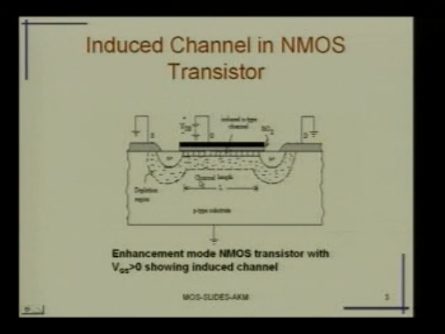Now, all of you are a little bit familiar with the p-n junction. If you look at it carefully, this is an n-type material and we have a p-type substrate, so this is typically an NPN, a p-n junction diode. This is called the depletion region. Similarly, there will be a depletion region between the n-type source or the drain and the substrate.